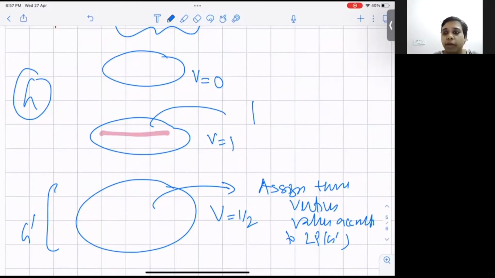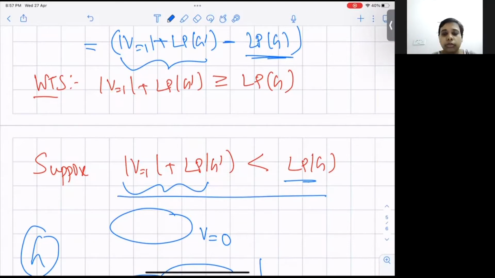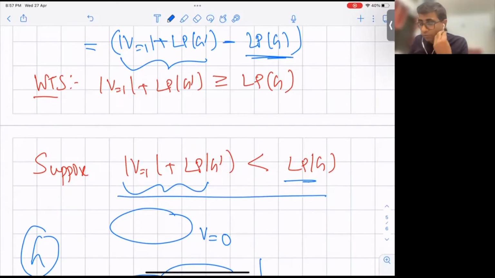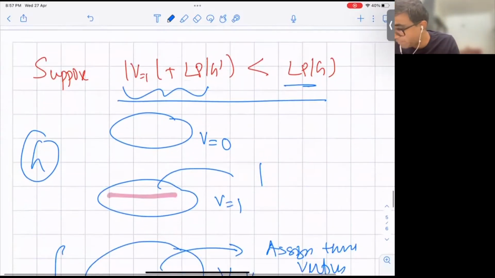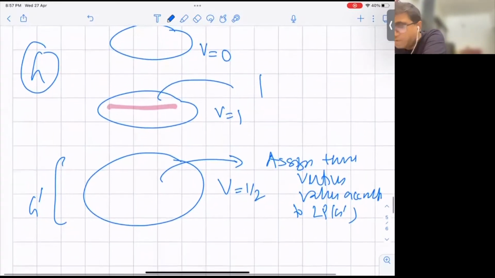Look at the claim. The claim is that if V equal to 1 plus LP of G prime is strictly less than LP of G, then we can obtain an LP solution for G which is strictly less than LP of G, a contradiction. If this happens, then we can obtain an LP solution for G whose value will be much smaller. Okay, how? Look, this is how my graph G looks. Partition into V equal to 0, V equal to 1, and V equal to half.